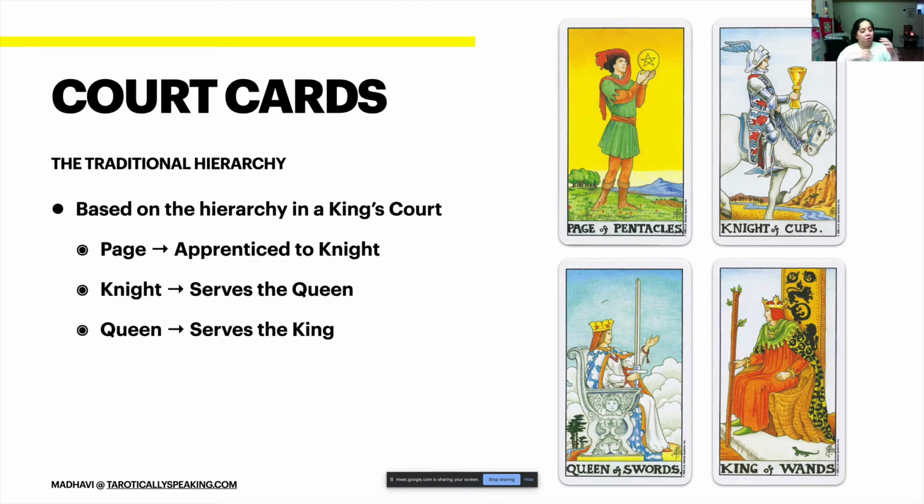The page has to apprentice, has to train, and then the page would eventually become the knight. And the knight serves the queen, who in turn serves the king. So that's where this hierarchy has come from. And they've sort of mapped it onto the personality or the growth pattern of people, child, adult, mature, more mature, whatever that is, right? It keeps going that way.